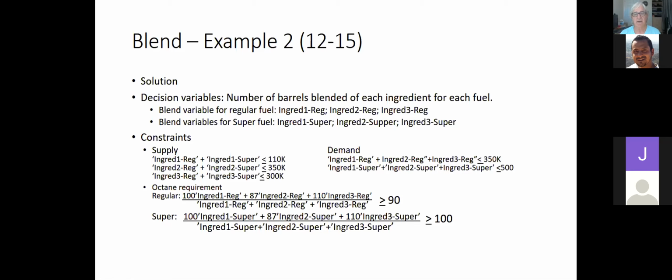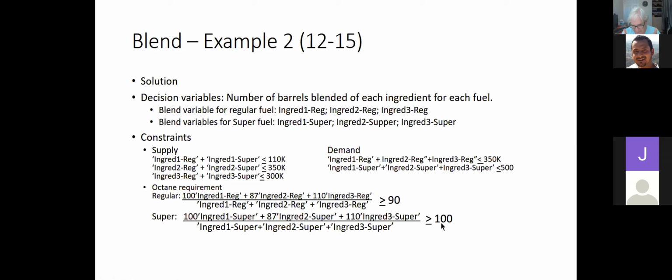And now, if you are looking at the overall blend, so you take 100 times ingredient 1, 87 times ingredient 2, and 110 times ingredient 3, and then you divide it by the total quantity, and you multiply by the variable that goes to the regular gas, then you have to have this greater than 90, the same for the super, greater than 100. Okay.